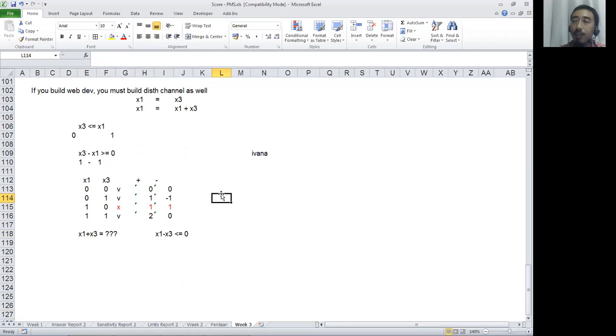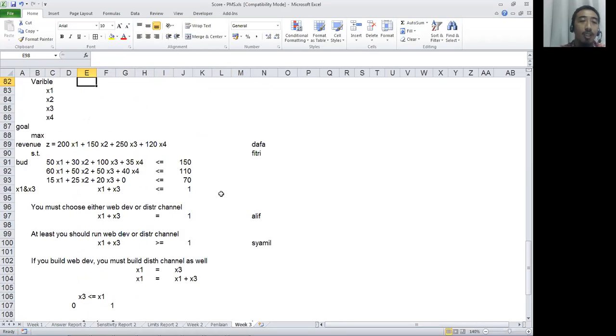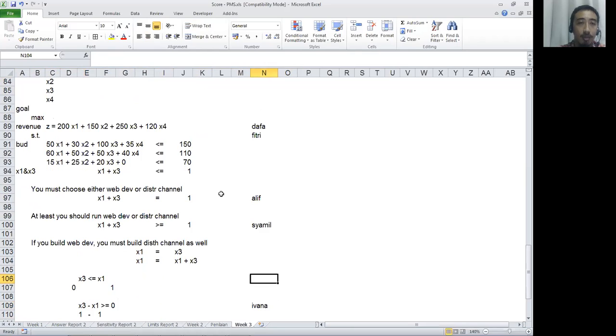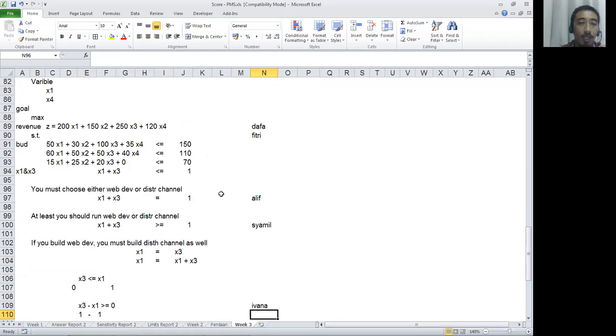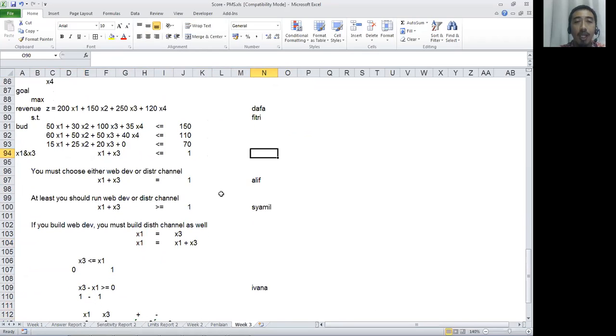Okay, the last one. We still have around 5 minutes. We use it to solve this manually. So how to solve this one? Manually, when we deal with 0 and 1, we put a table like this: x1, x2, x3, and x4.